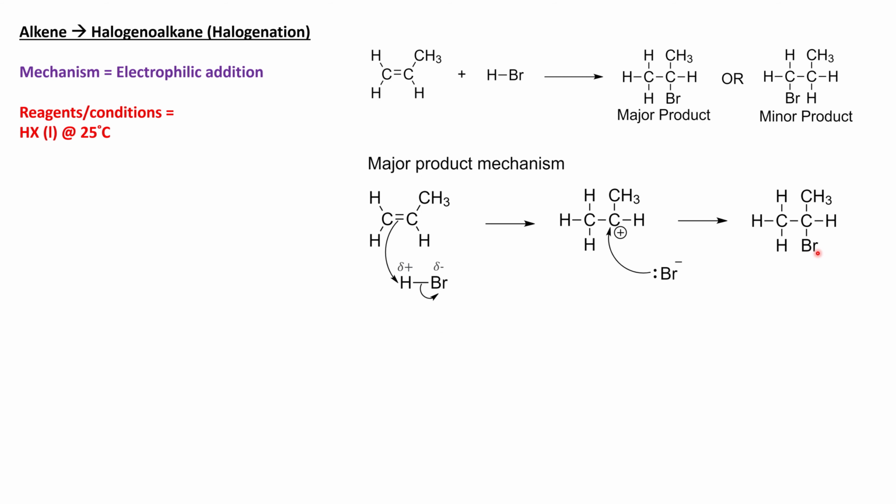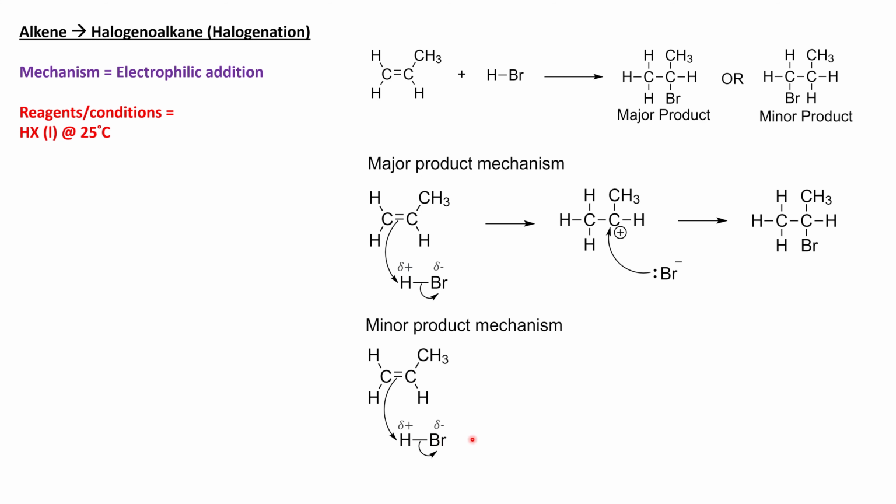This will form our 2-bromopropane product. There it is. Okay. Now let's have a look at the mechanism for the minor product. This time, what we need to imagine is that the double bond hinges down this way. So it will first bond on this carbon here. So the mechanism's the same as before, but we need to imagine that it's hinging in a different way.